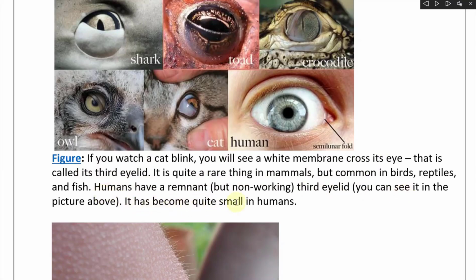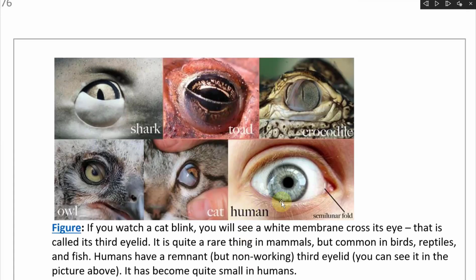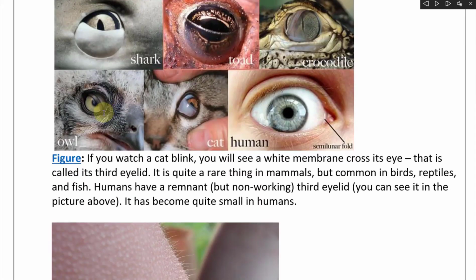It has become quite small in humans. It's also called the semilunar fold. It's not functional like it used to be anymore, such as on this crocodile, which closes over, and a toad, which closes over with a third eyelid. Quite interesting. All right, continue further.